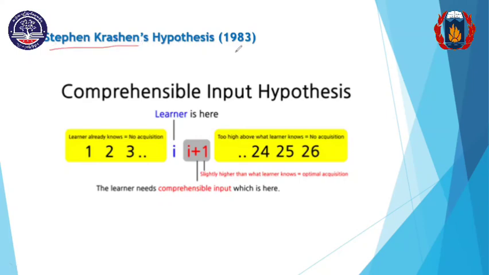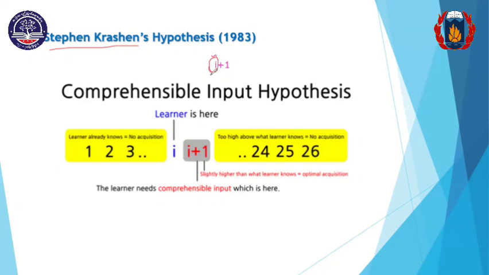Krashen's hypothesis is i plus 1. Teacher, I think you already know i plus 1. Here i plus 1 is just the symbol. The i is the area the learner already knows.